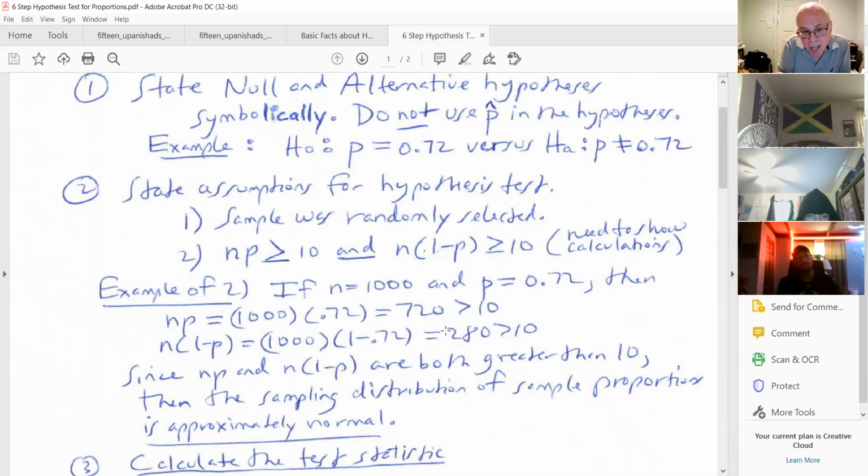Even the problem says it. You'll see something like, show your work. You don't show your work if you just simply make the statement, or you may even just say np and n times 1 minus p are both greater than 10, and then you say nothing else. Well, you definitely get 0 for that.